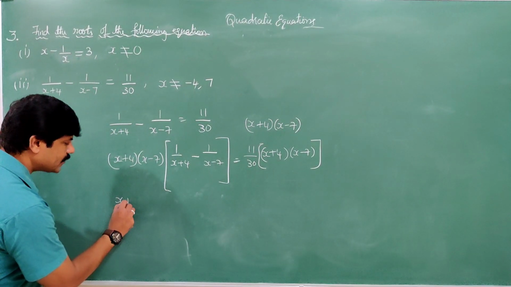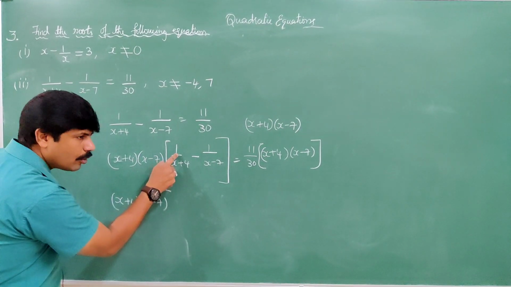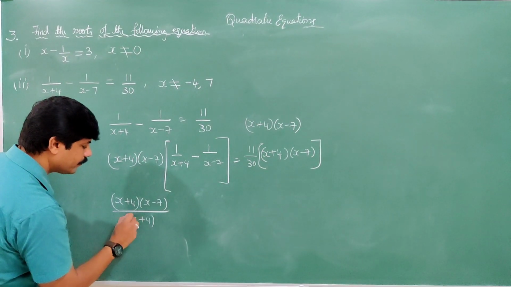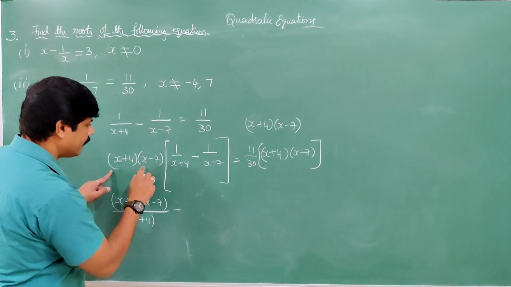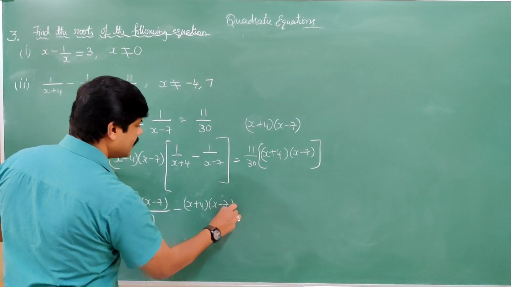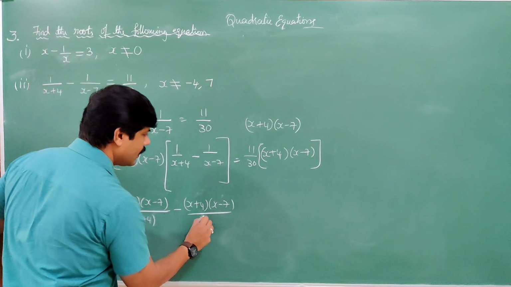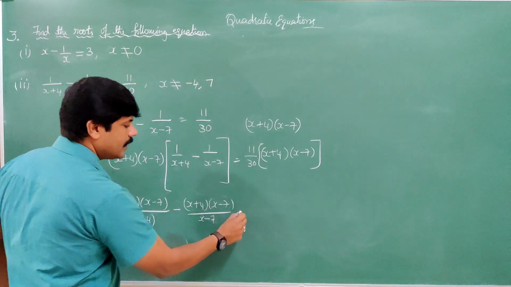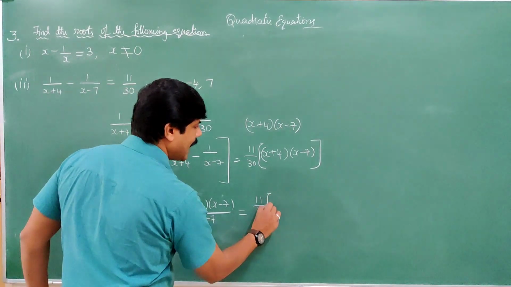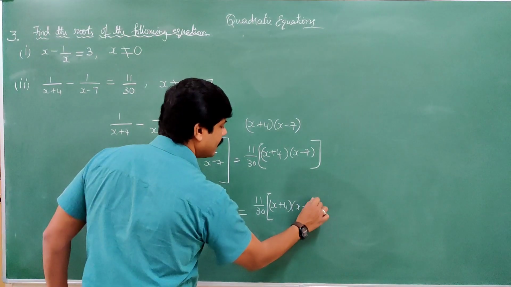Thus x plus 4 into x minus 7 into 1 over x plus 4 is x minus 7, minus x plus 4 into x minus 7 into 1 over x minus 7, equals 11 by 30, keep x plus 4 into x minus 7 as it is.